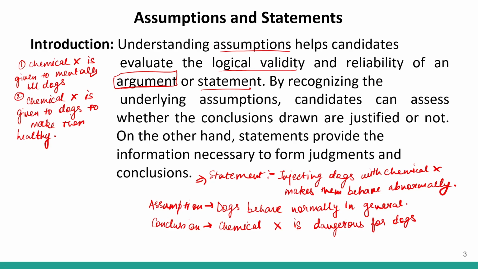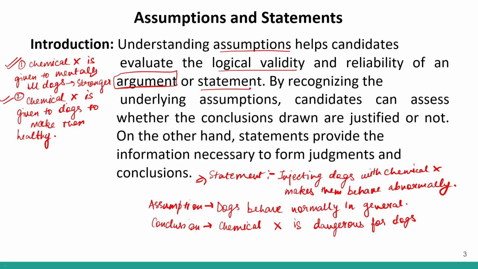Chemical X is given to dogs to make them healthy. This is given in the second statement, and the first statement says that chemical X is given to mentally ill dogs. So if I look at the first statement, chemical X is given to dogs that are already mentally ill. So if the original statement says that injecting dogs with chemical X will make them behave abnormally, and this is true, it will make the argument stronger. Correct? Because it is already given to dogs that are mentally ill.